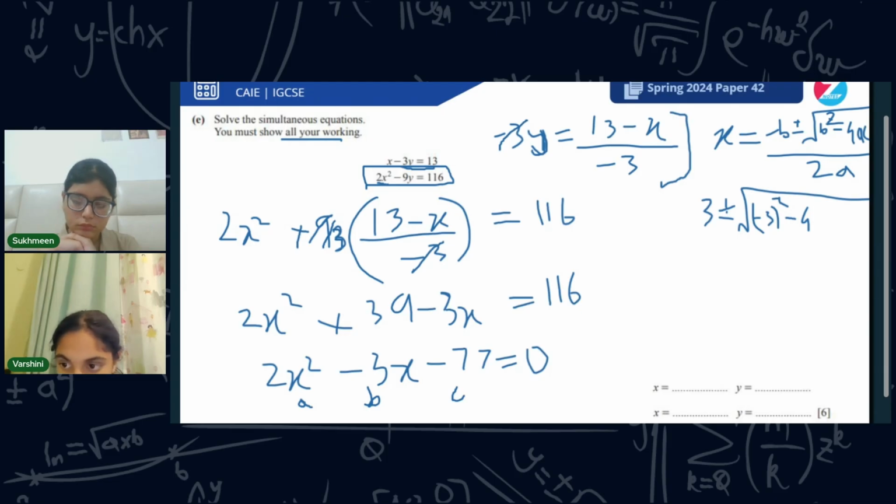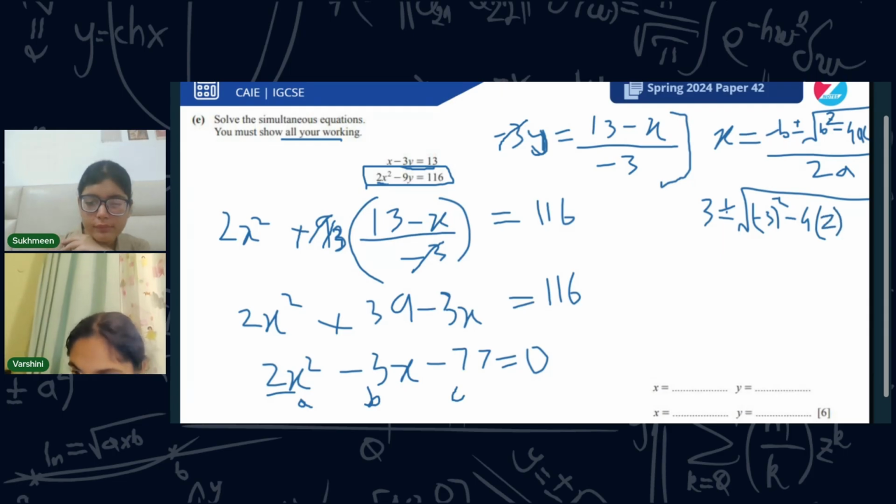Over here we know a to be 2, so minus 4 into 2, into c, which over here is minus 77. Don't forget the negative value. So minus 77, and divide the whole thing by 2 into 2, which is 4.